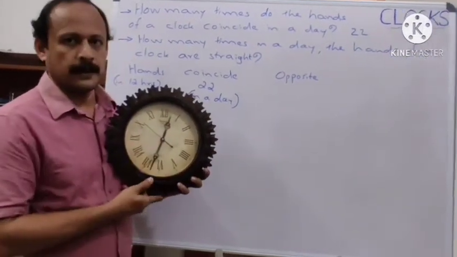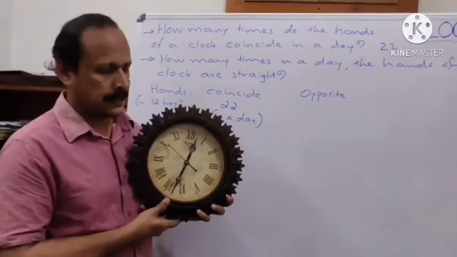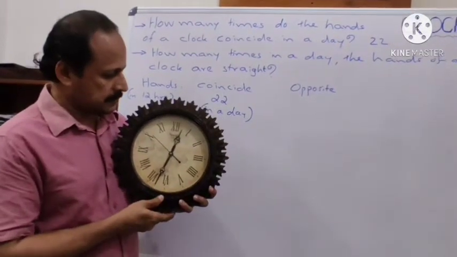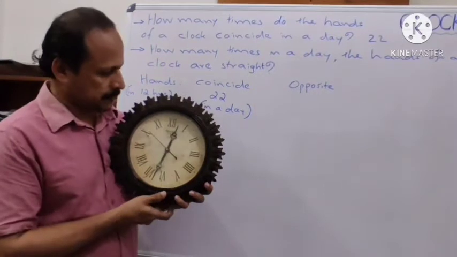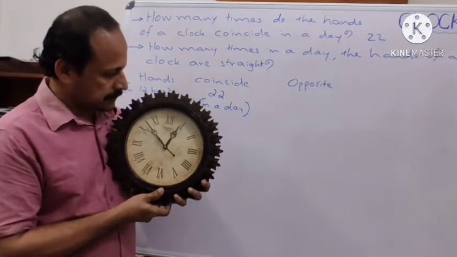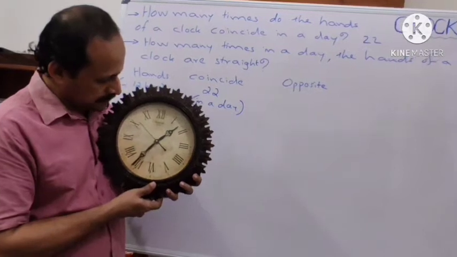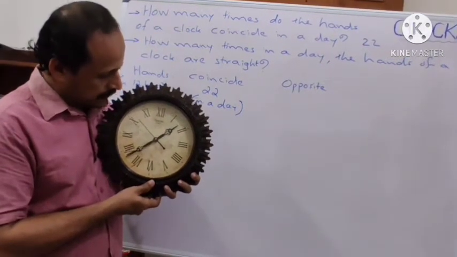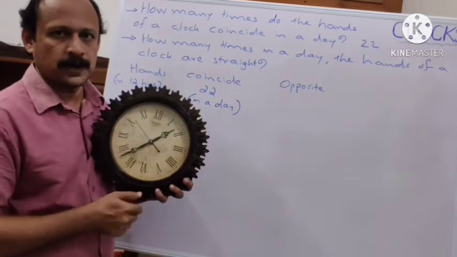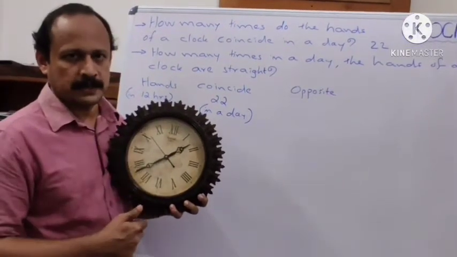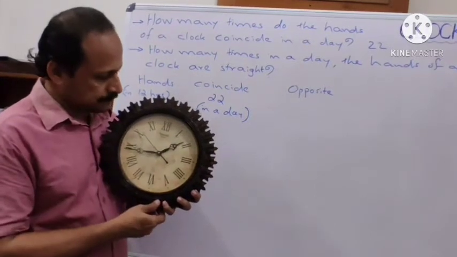Look at this clock. Here's a time at which the hands are in opposite directions. That is the first case if we start with 12 o'clock. And go to the next time at which the hands are in opposite directions. That is, there is a time between 1 o'clock and 2 o'clock at which the hands are in opposite directions. That is the second case.